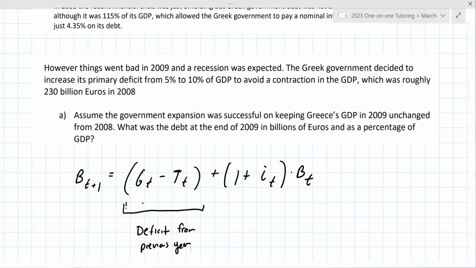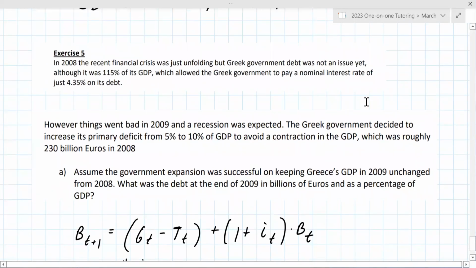The I is the interest rate. It's literally an interest rate. That's I in this problem. And the 1 is just part of the equation. B of T is the debt. Maybe, hang on.